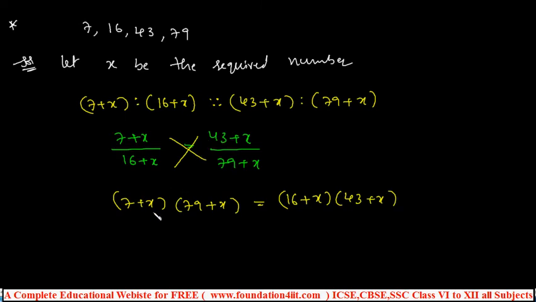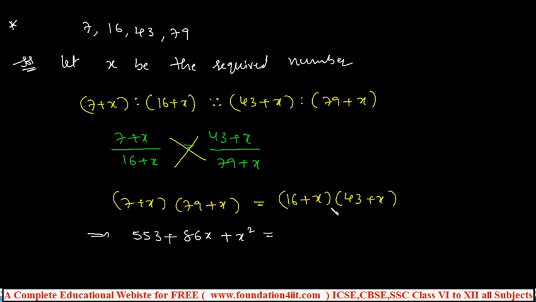If you multiply, we get 7 into 79, which is 553, plus 7 into x, 7x, and 79x, that is 86x, plus x square on this side.